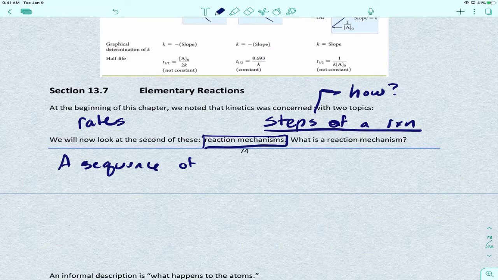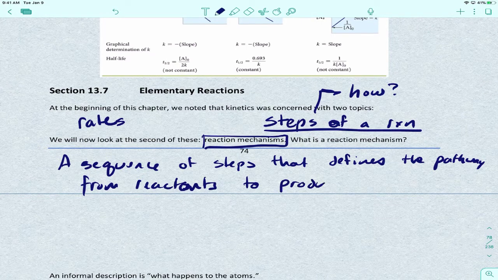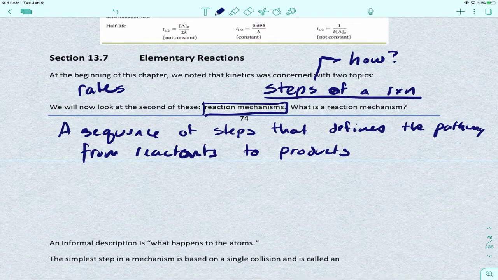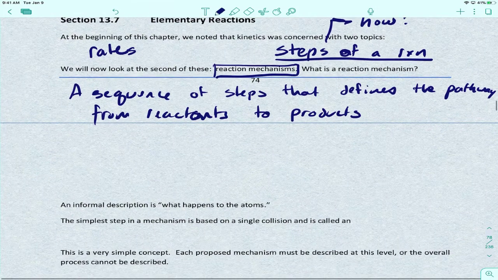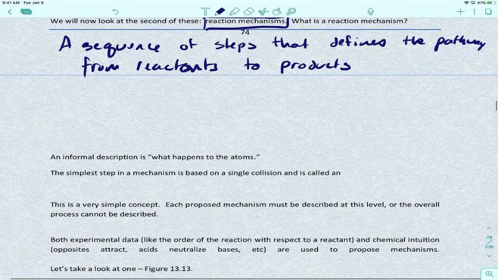So a reaction mechanism is a sequence of steps that defines the pathway from reactants to products. An informal description of what a mechanism is: what happens to the atoms. When one molecule reacts with another molecule, how does it happen? That's what we want to know.